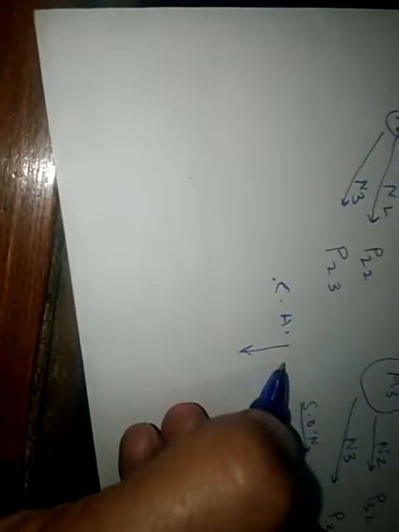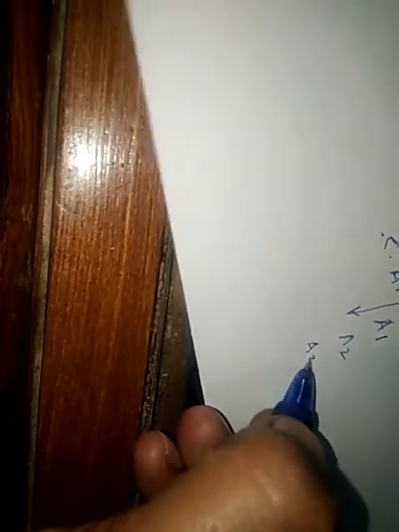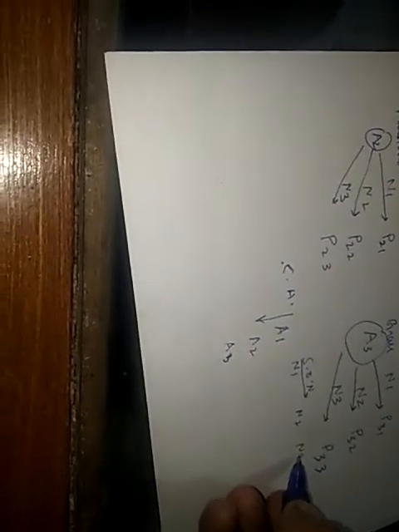So course of action is A1, A2, A3, and states of nature are N1, N2, N3.